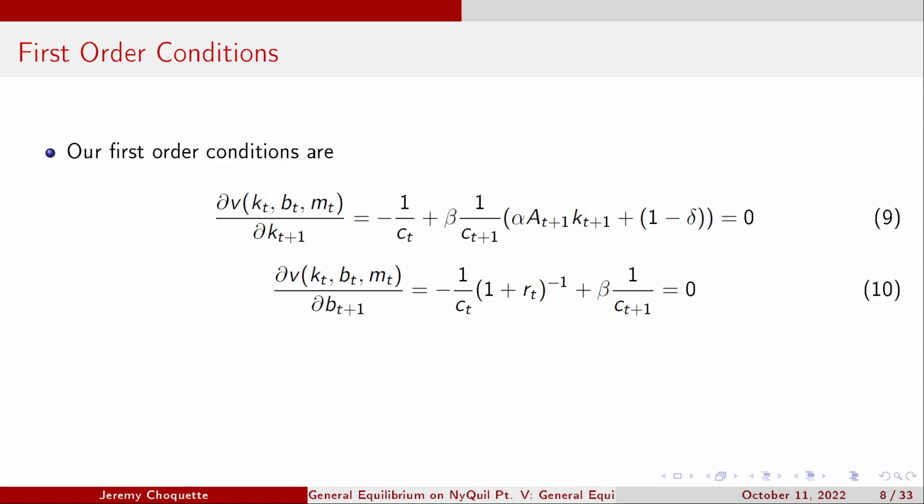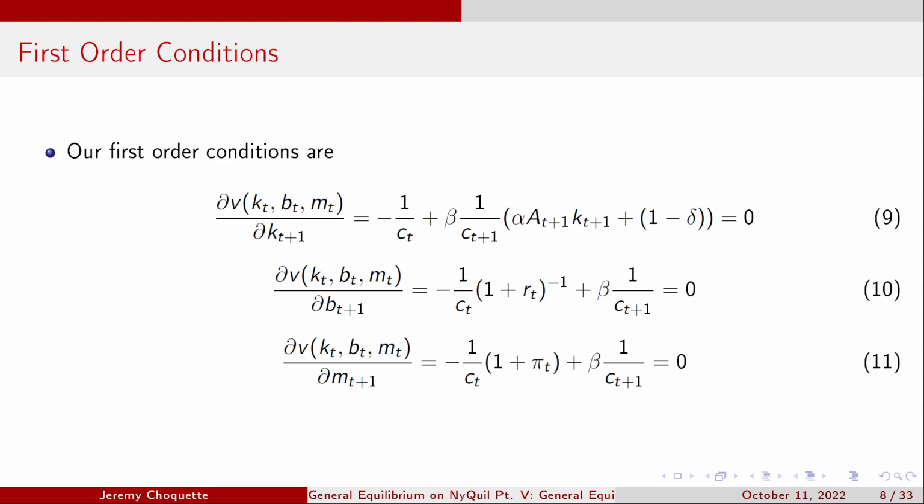Now we're going to do the same thing for bonds, and I get negative 1 over CT times 1 plus the real interest rate to the power of negative 1, plus beta times 1 over CT plus 1, and that's also equal to 0. I do the same thing for money: negative 1 over CT times 1 plus pi, plus beta times 1 over CT plus 1, and that is equal to 0.